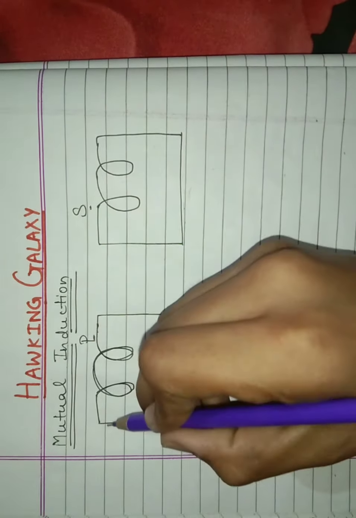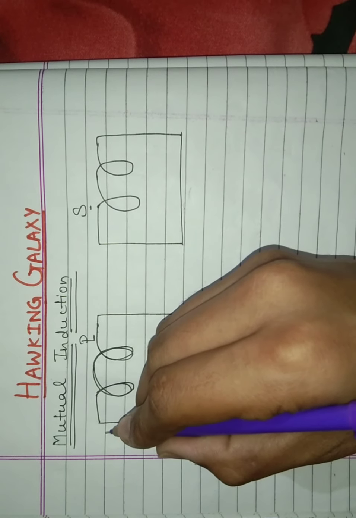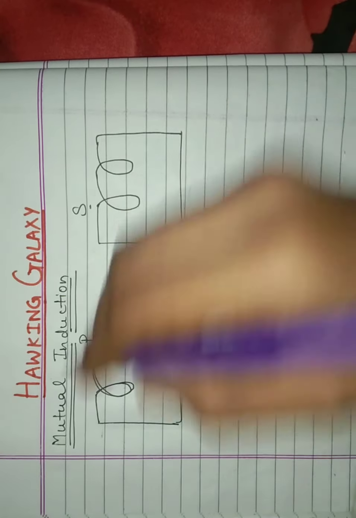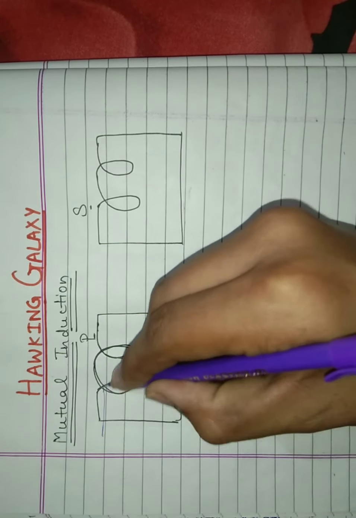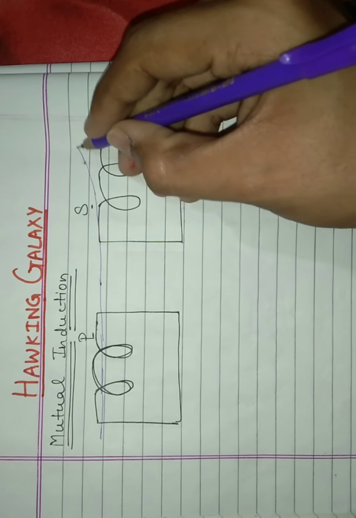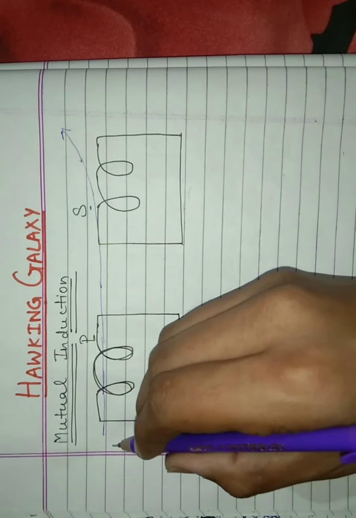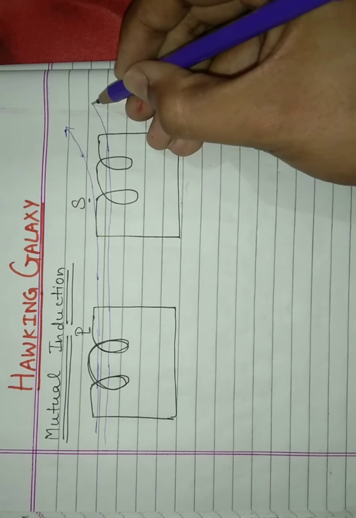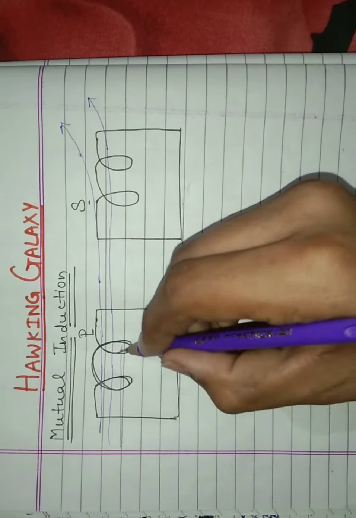So to understand this in a proper way, I will make the electric flux that is passing through this secondary coil. This is the electric flux that is passing through the secondary coil. I'm making this just to understand.